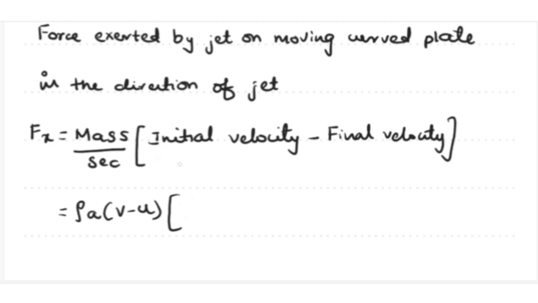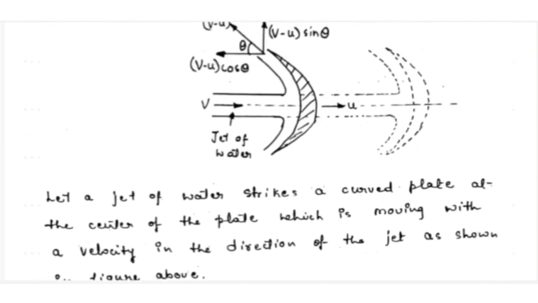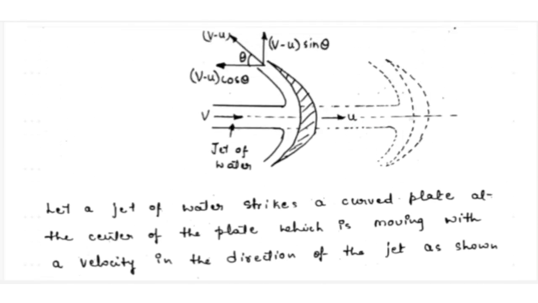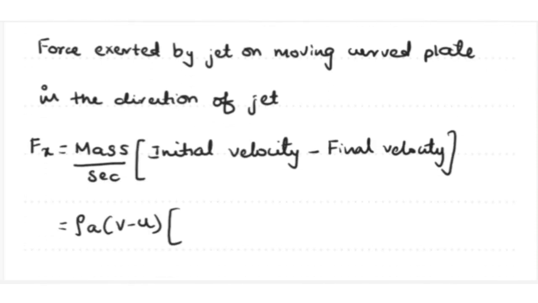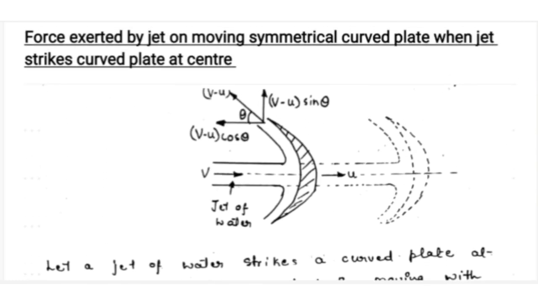So let us see what is the initial velocity of jet before striking the plate. We should take it as v minus u before striking the plate here. So initial velocity is v minus u, we should put the minus here. Next we should see what is the final velocity after striking the plate in the direction of jet.